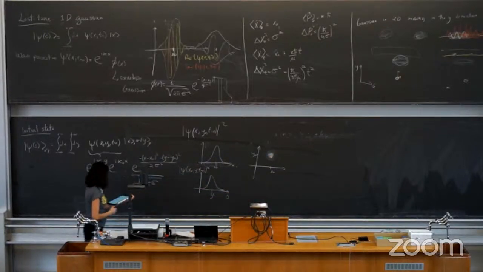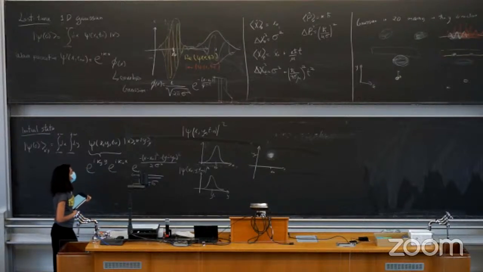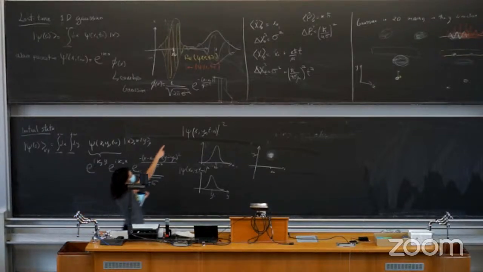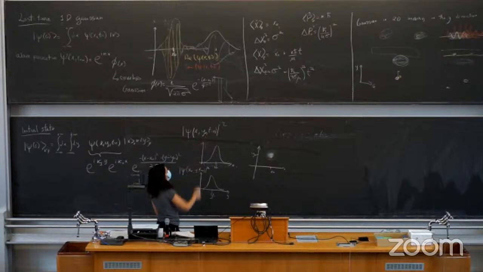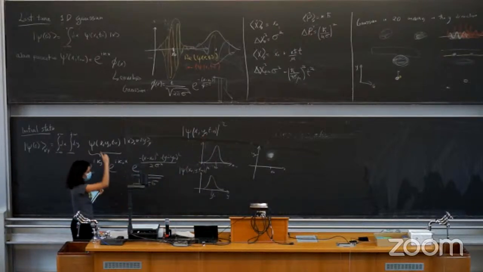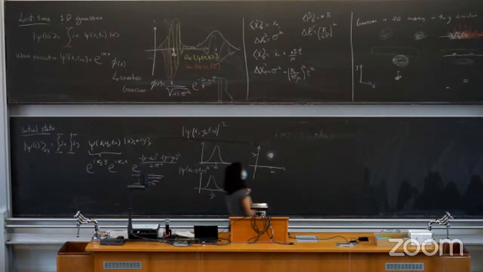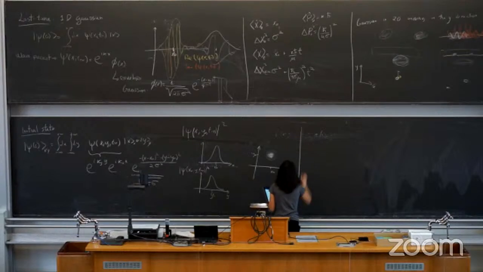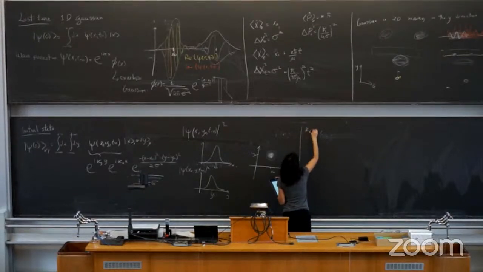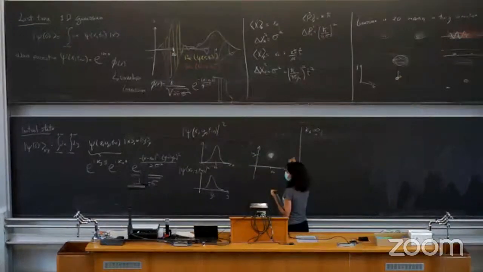And now, because I said that the momentum is exactly this k, and I want it to be moving in the y direction, I'm going to say this kx is 0, so nothing is happening in the x direction. So if kx equals 0, then it's just moving in the y direction.